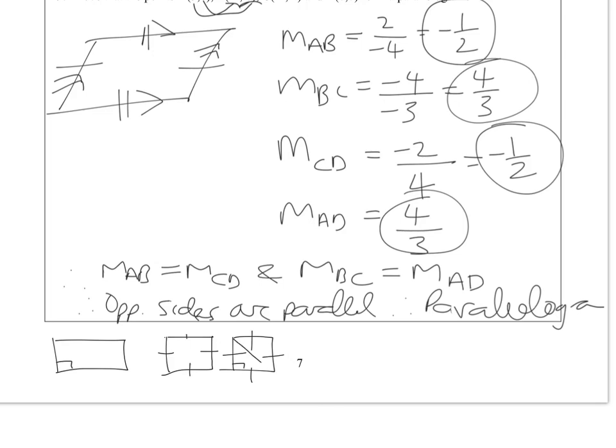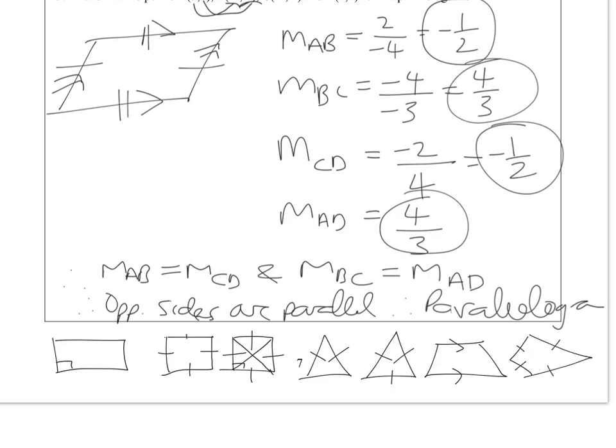Or you could prove that the diagonals are equal, so they could all be distance. Isosceles triangle, you would have to prove that that equals that, distance. Equilateral, that equals that, distance. Trapezium, just that that is parallel to that. Kite, that that equals that, and that equals that, and so forth.